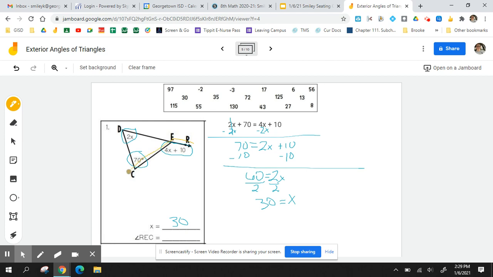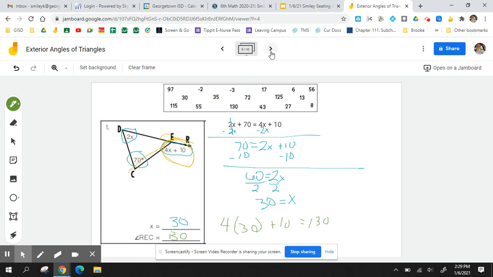REC is this one right here. So actually we're looking for this angle, the 4x plus 10. So let's do 4 times 30 plus 10. Well, 4 times 30 is 120. 120 plus 10 is 130. 130. Let me write it over here because that was a little sloppy.